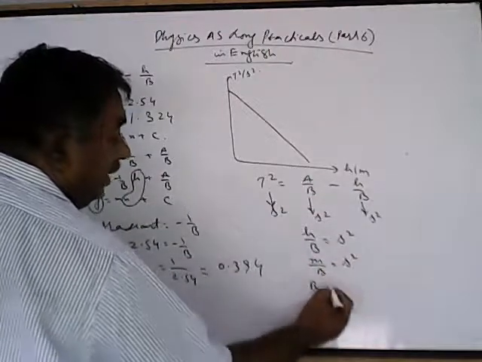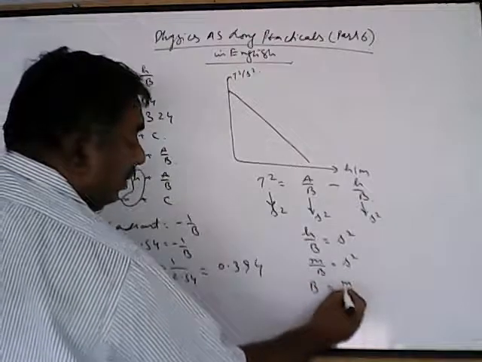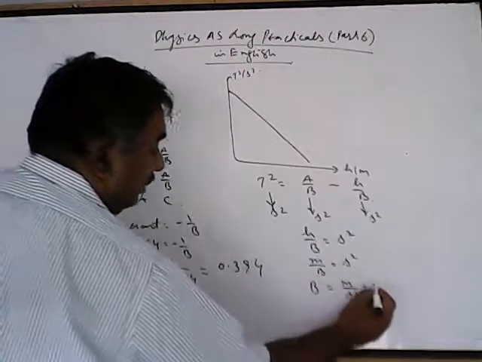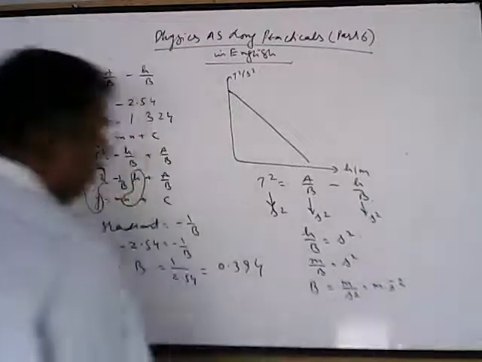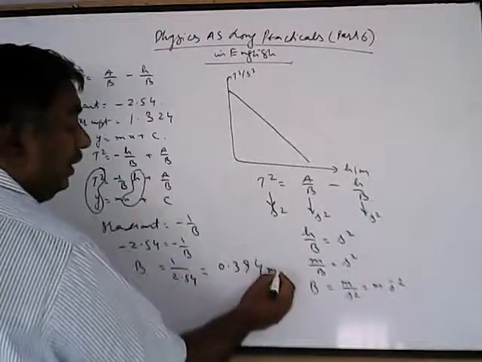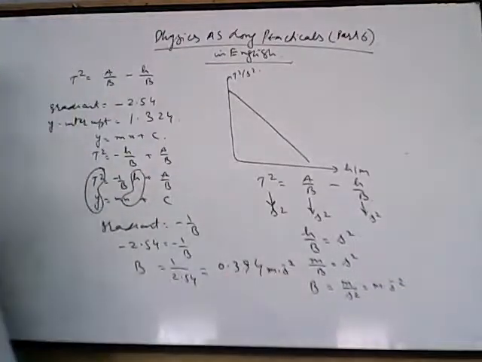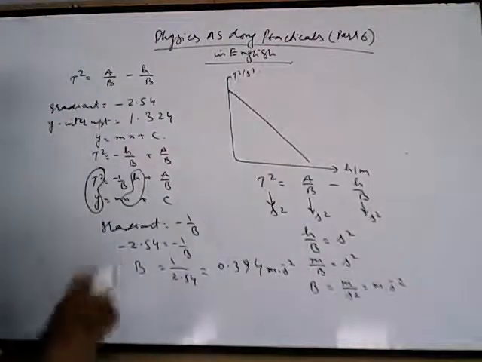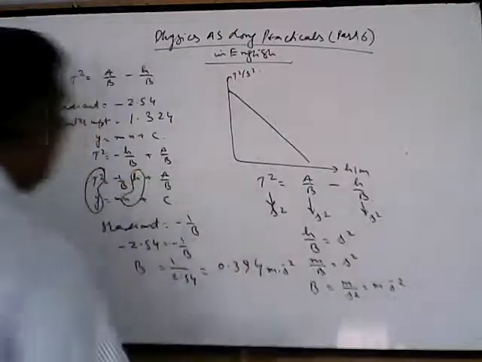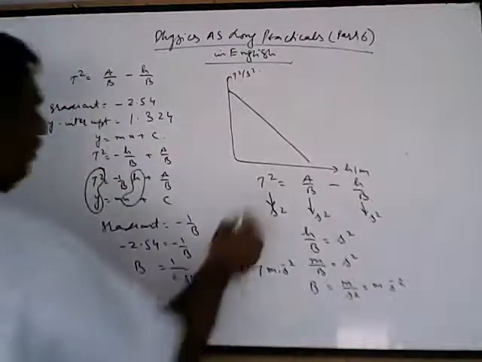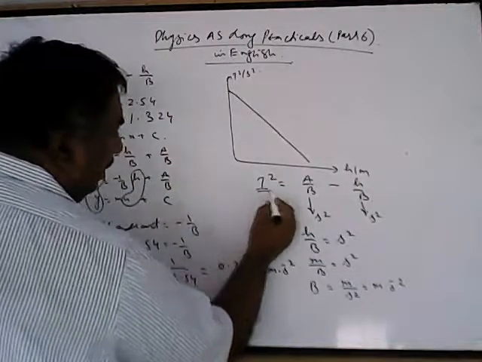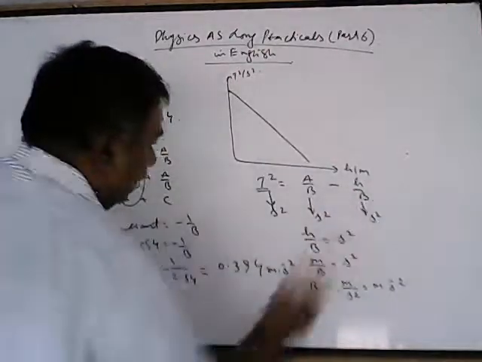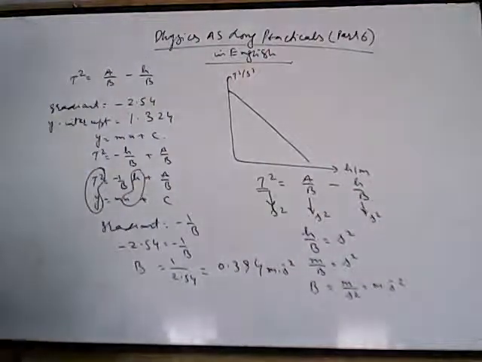So b comes here. It will be meter upon s square, or it's m s power minus 2. So I will write m s power minus 2. So this is the value of b, and I also give the units. See, the units are given by the homogeneity of the equation. If this equation is correct, it must have the same unit. This t is in seconds square, this must be in seconds square, this also must be in seconds square. So the value of b comes out to be 0.394 meter per second square.